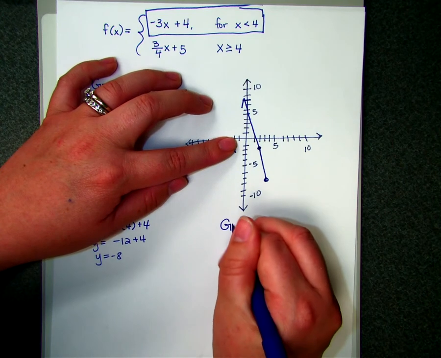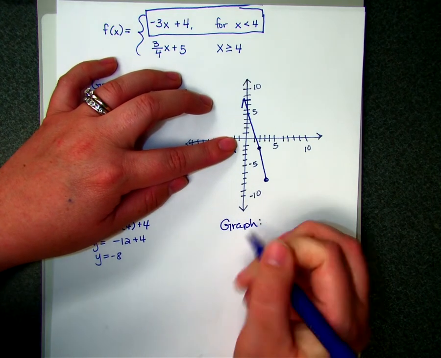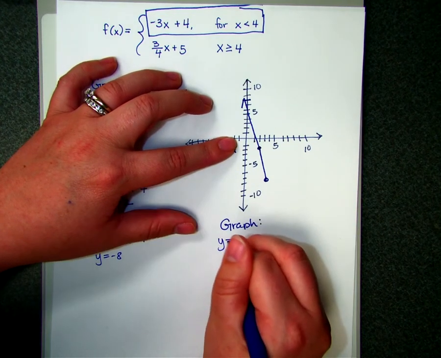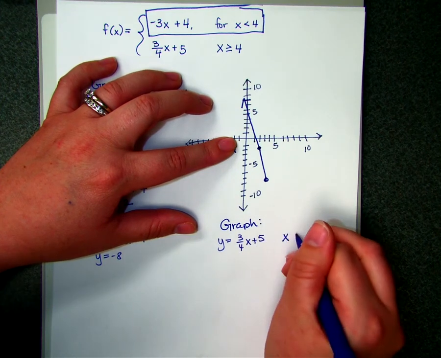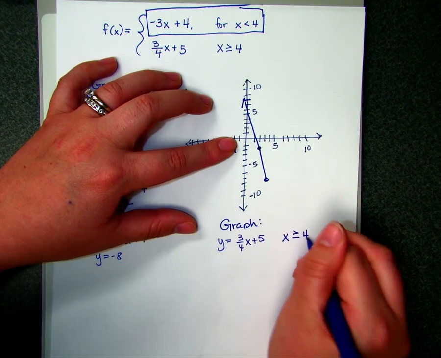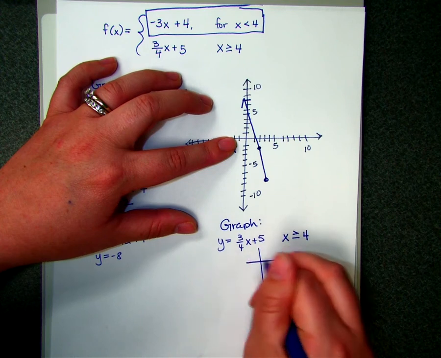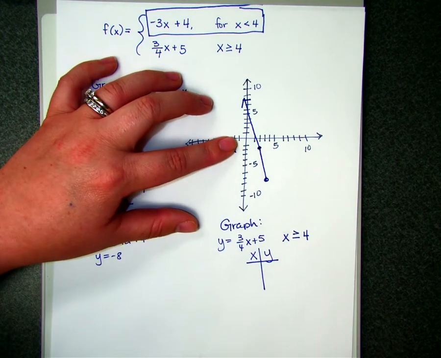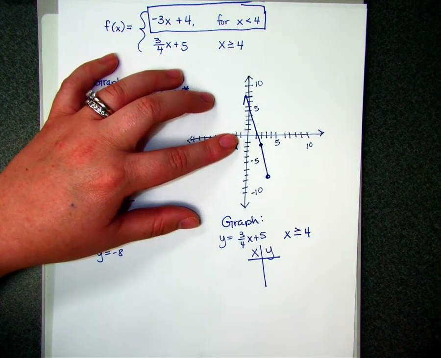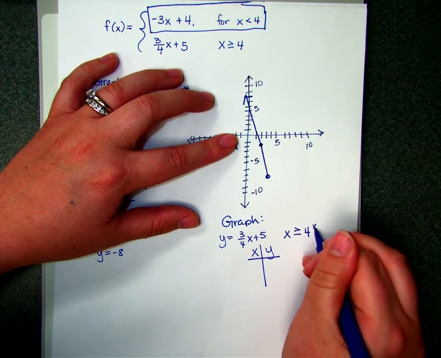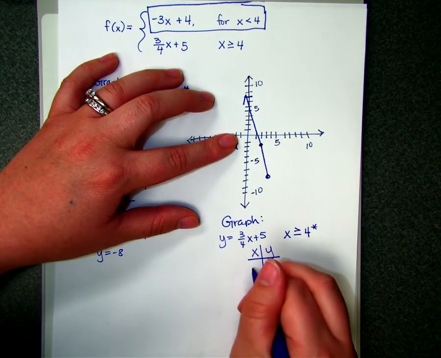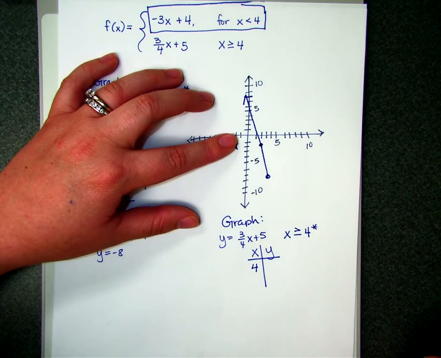Now we're going to graph the second piece of the piecewise function. So that is y equals 3/4 x plus 5. And these are for x values that are greater than or equal to 4. So again, I'm going to make a t-table. I'm going to pick values for x and solve for y. So the first value that I'm going to pick is this boundary point, an x value of 4.